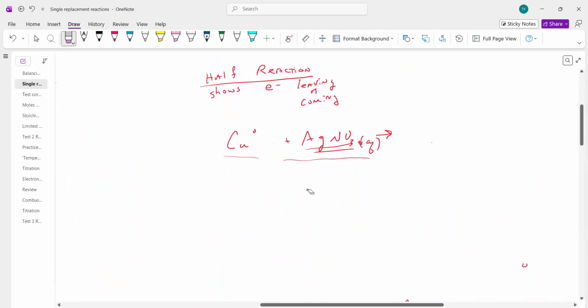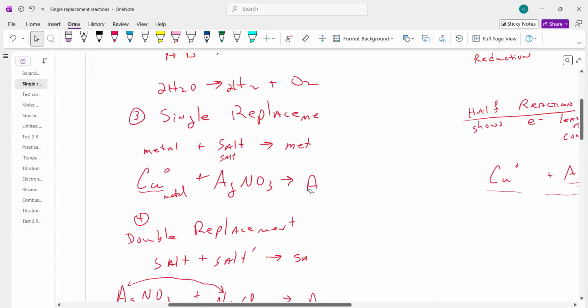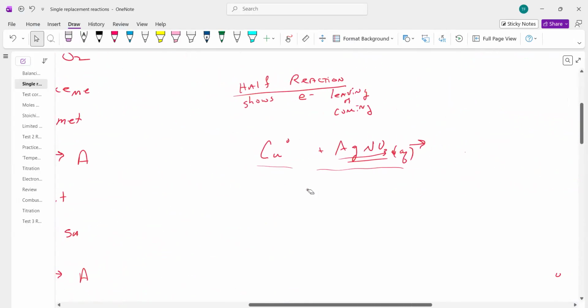We have copper metal and silver nitrate. Okay, so this is a single replacement because there's a metal and a salt. The salt is the silver nitrate. The metal obviously is copper. So the question is, will that reaction happen?